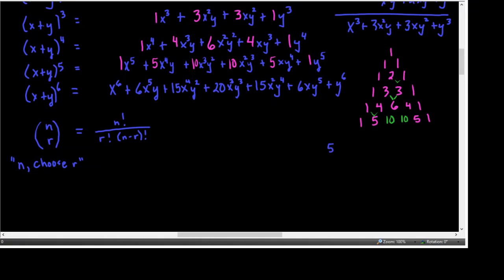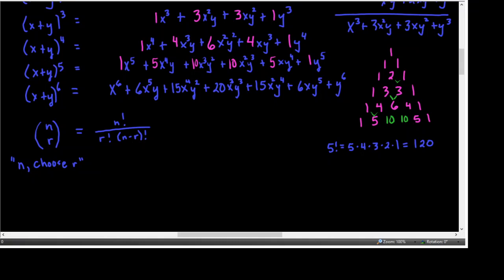If we have like 5 factorial, that means we multiply 5 by all of the positive integers from it down to 1. So 5 times 4 times 3 times 2 times 1 is what 5 factorial is equal to. And that's 120. Okay? So that's the formula for n choose r.